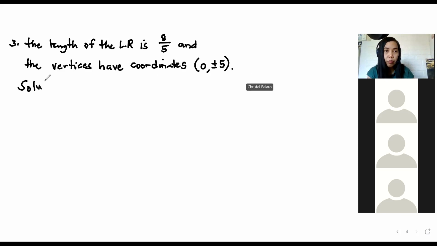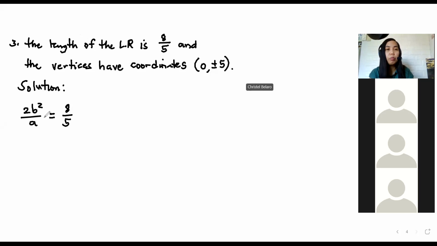So how are we going to find the equation? We're going to use the information. The length of the LR is 8/5. What is the formula to find the length of the LR? So we will have 2b squared over a, that is equal to 8/5.